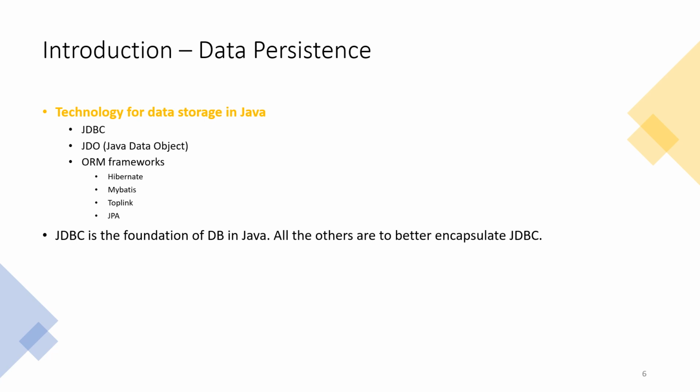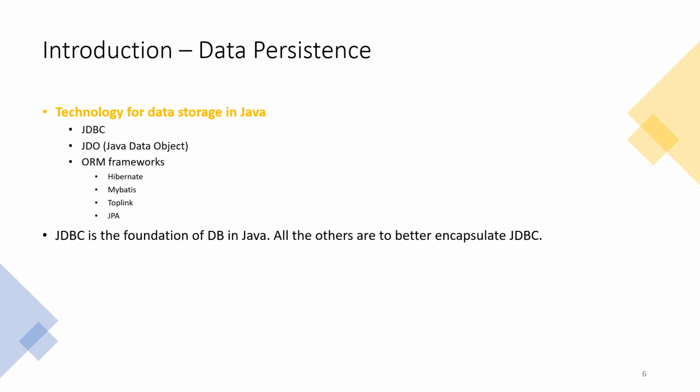And also TopLink, which is less common. But now, because both Java applications and databases face higher requirements, and developers want to improve their development process, they have better frameworks.